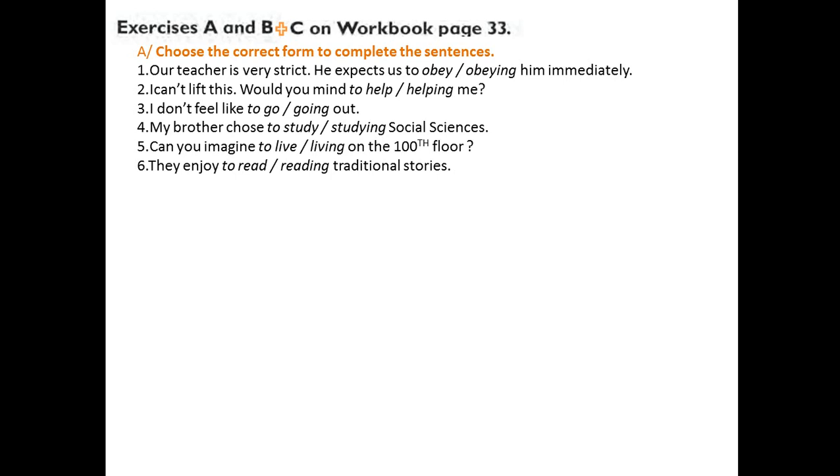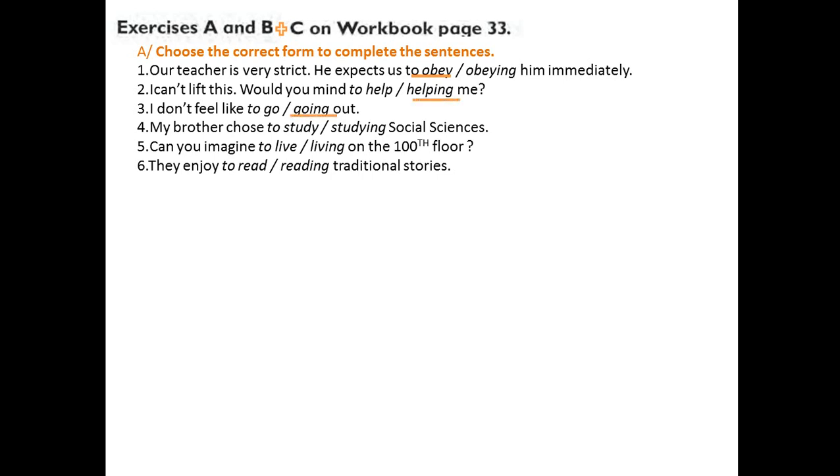Number 2: I can't lift this. Would you mind helping me? Number 3: I don't feel like going out. Number 4: My brother chose to study social science. Number 5: Can you imagine living on the 100th floor? Number 6: They enjoy reading traditional stories.